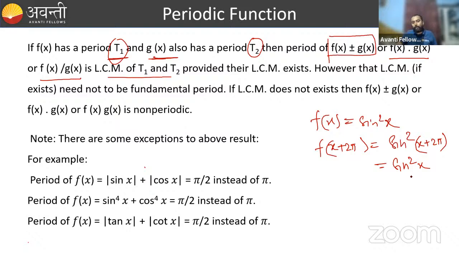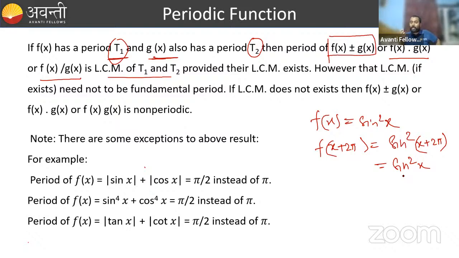Now, again, if I ask you what is the period, think about it. Is there any other small positive real number for which sine square x will repeat its values, or will repeat its graph also?